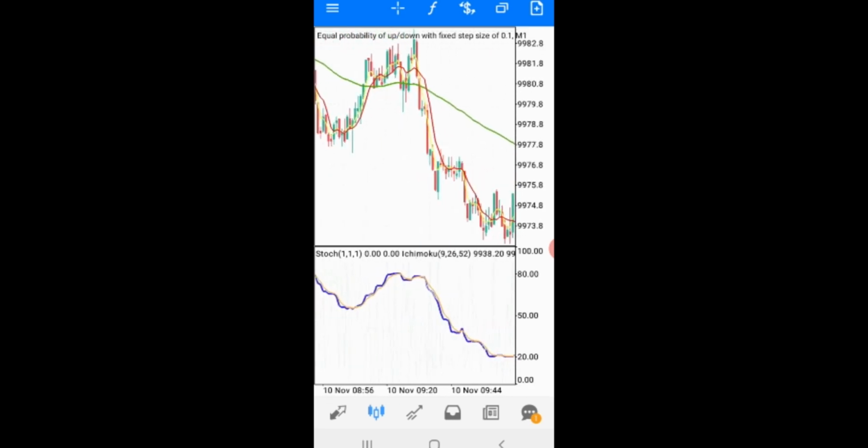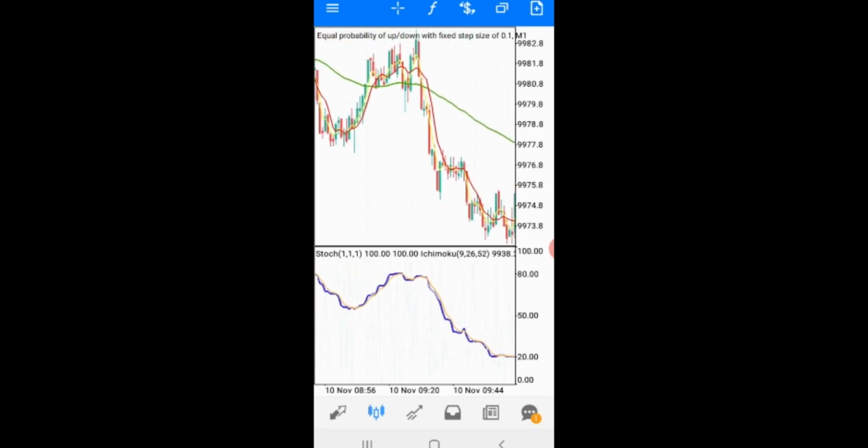Okay, you see, this is a clear one as well. It crossed above, at also the overbought level. You see, so it is a sell.